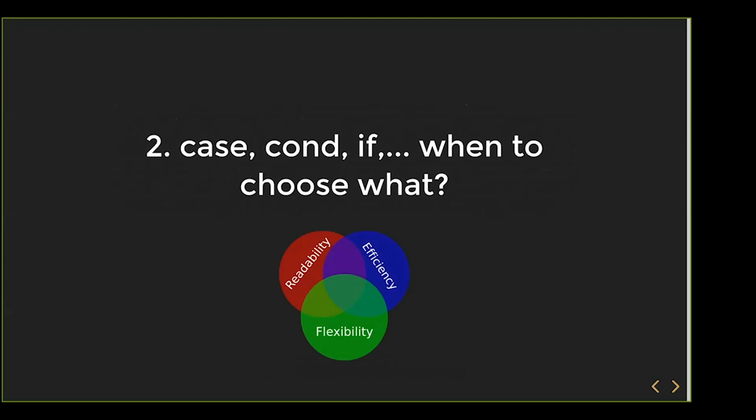In Elixir, you have different ways of writing conditional programming, where you choose between different parts of your code you'd like to run. Most importantly, the case, cond, and if statements. And for many people starting out with Elixir, it's not immediately obvious in which situation one should prefer one of these over the other.